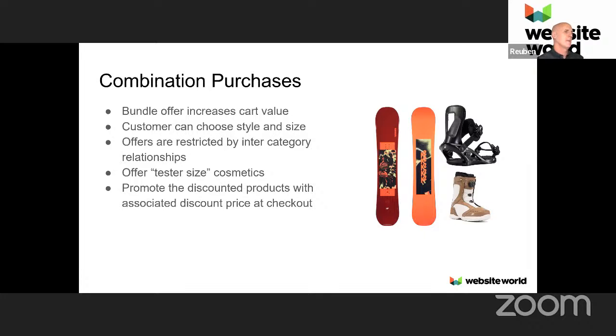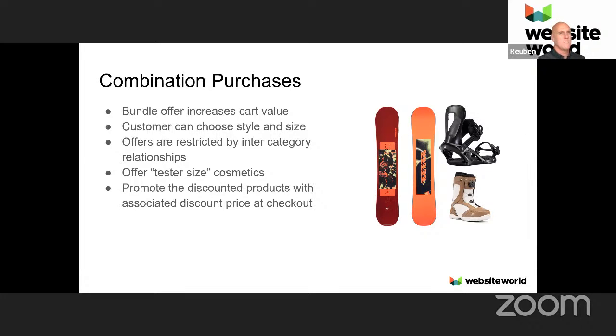If you have the right e-commerce platform, you can structure a deal which says all snowboards from a particular range, all bindings from a particular range, and all boots from a particular range. They could be in different ranges, different categories, but you can then target your discount over those combined categories. People need to buy an item from each of those categories to get the combination purchase discount.